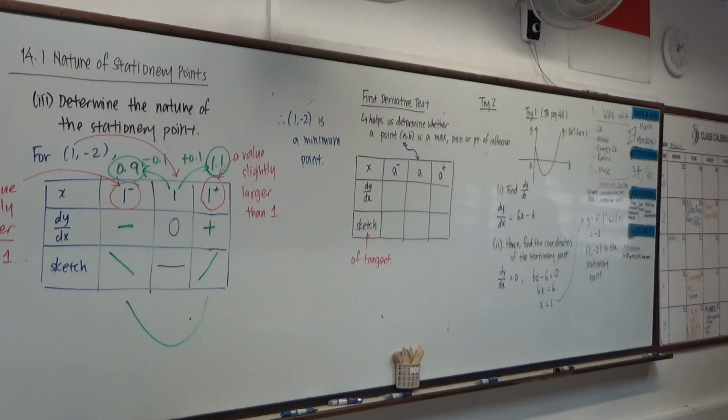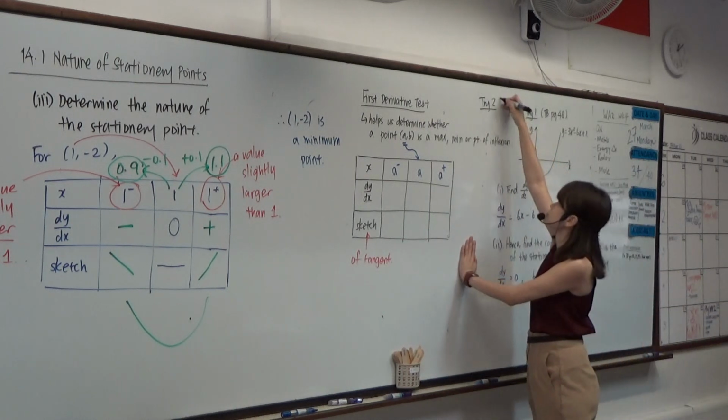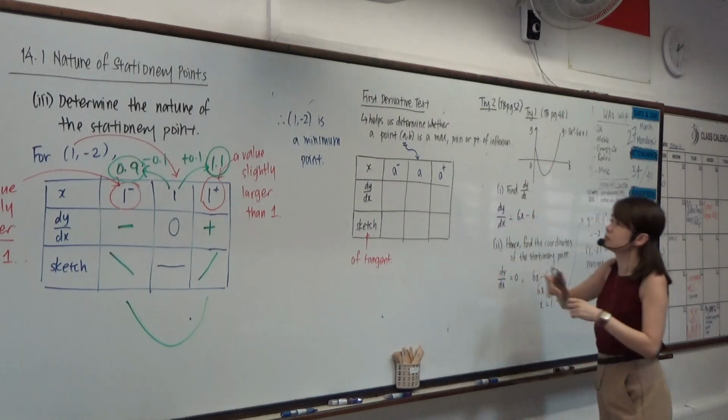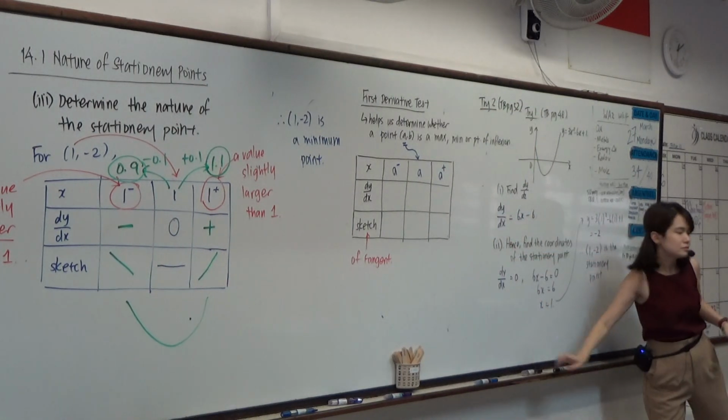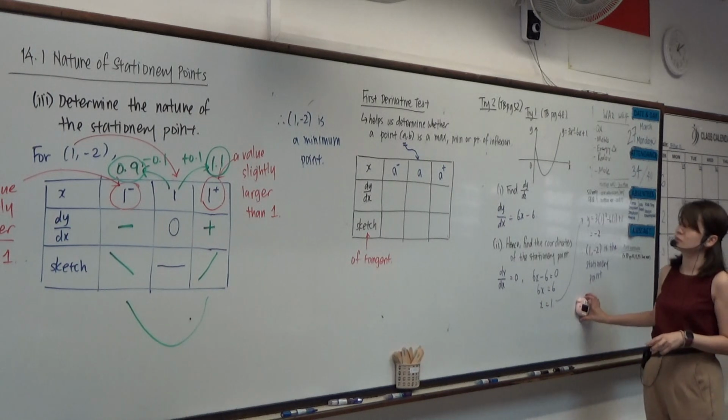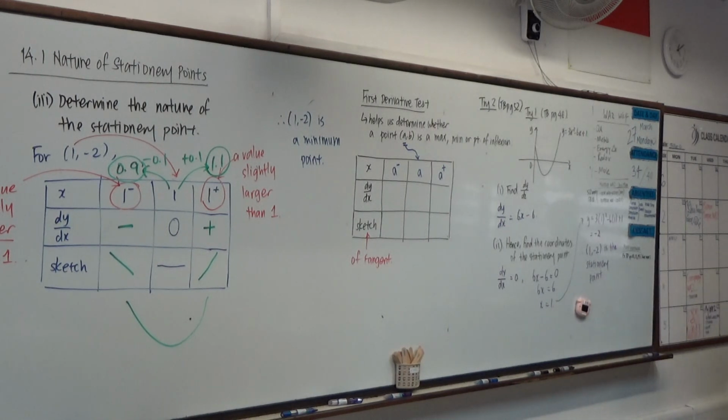That will be on your textbook page 52. I give you 6 minutes to work on it. If you still don't understand, please raise your hand, I'll come to you.